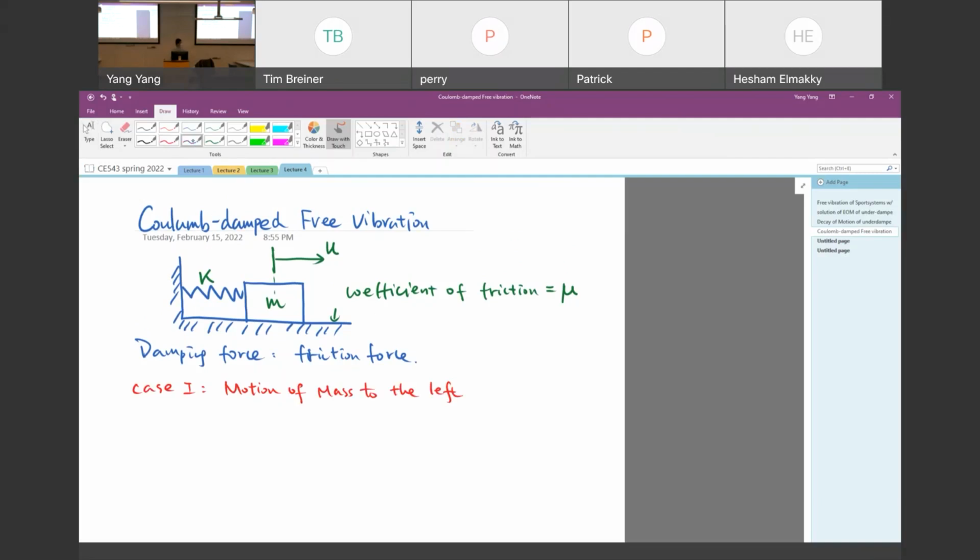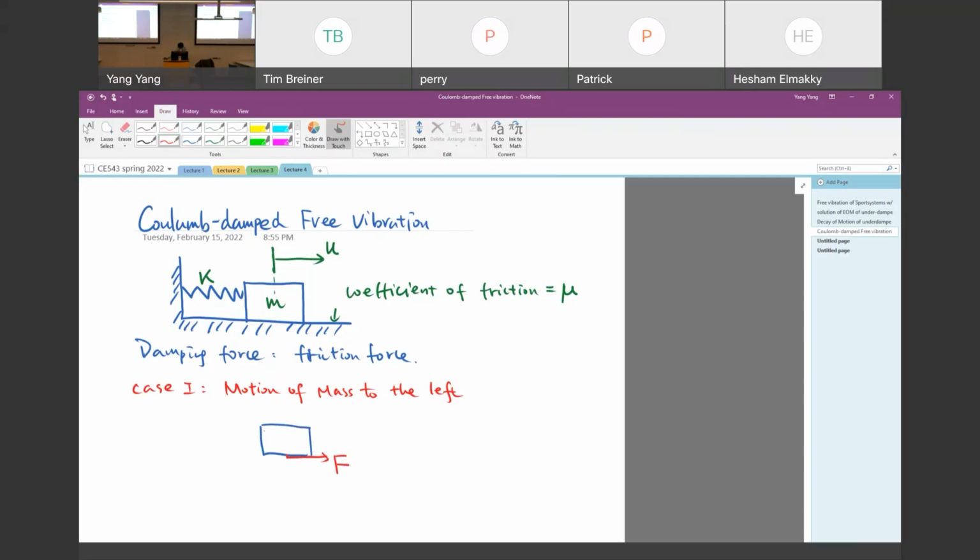If the motion of the mass is to the left, what is the direction of the friction force? To the right. So we have the mass here, and we will have some friction force here.